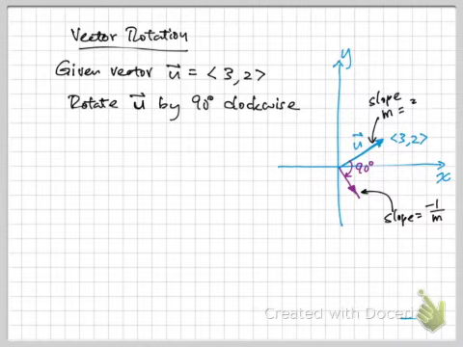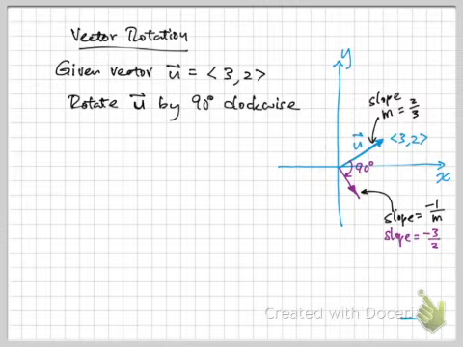Change in y is 2, change in x is 3, so it has a slope of 2/3, which means the slope of the purple line must be -3 over 2. So that means it must have 2 units in the x direction and -3 units in the y direction. And that gives me a direction of what the rotated vector needs to be.